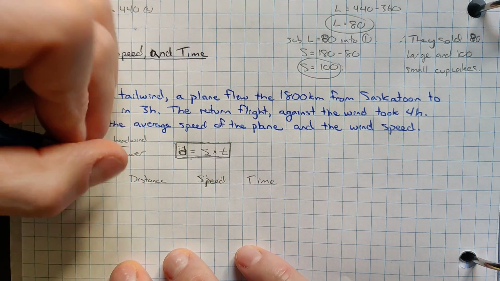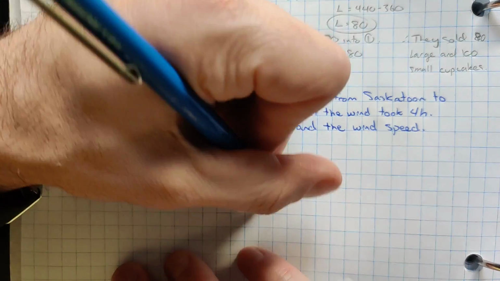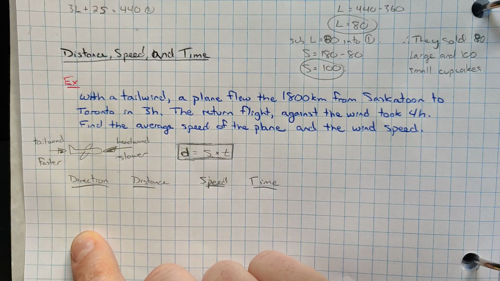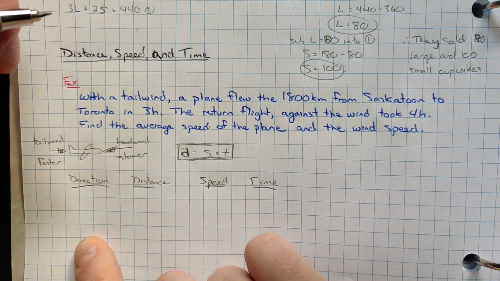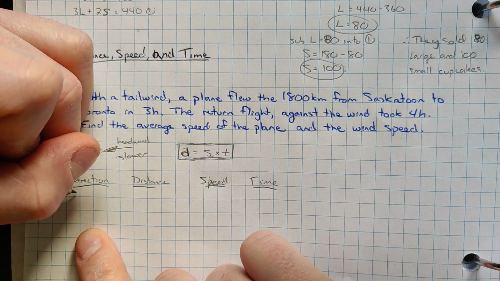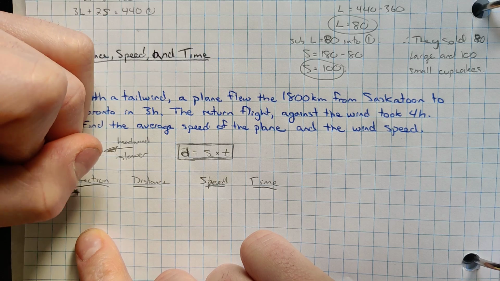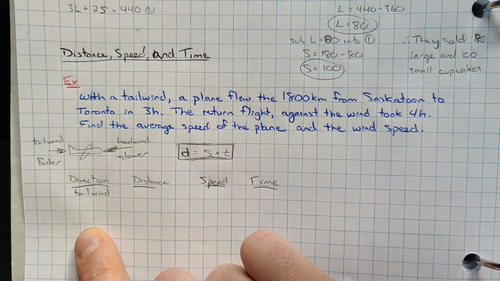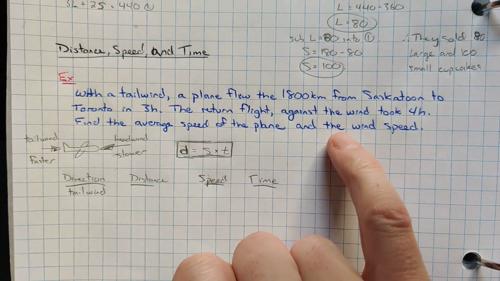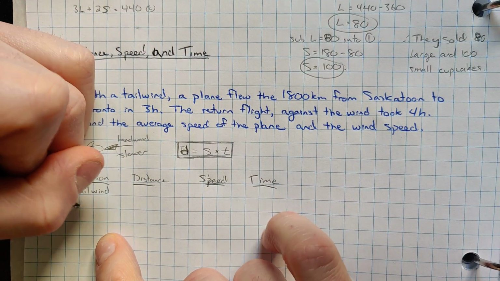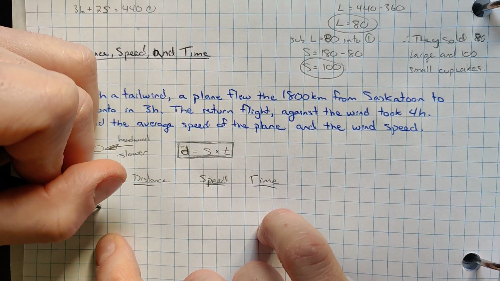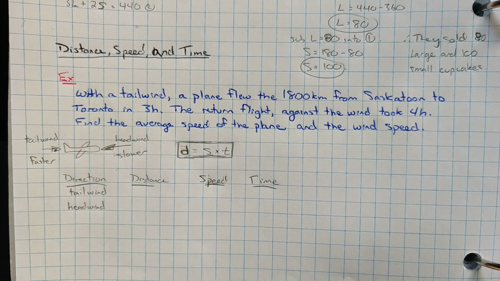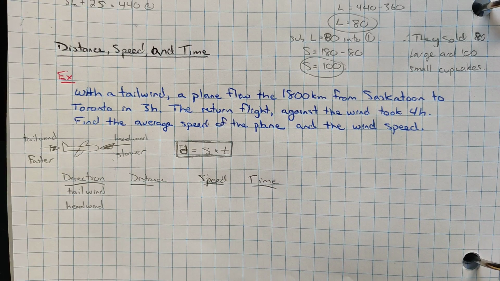So this is our table. These are our three headings. And so our direction is, I'm going to use tailwind. So that's on the way there. Against the wind would then be a headwind. Okay, so I'm going with a tailwind, then I'm going with a headwind.